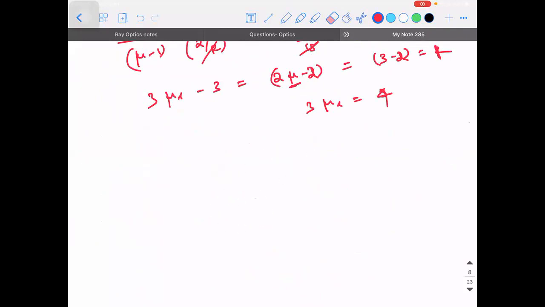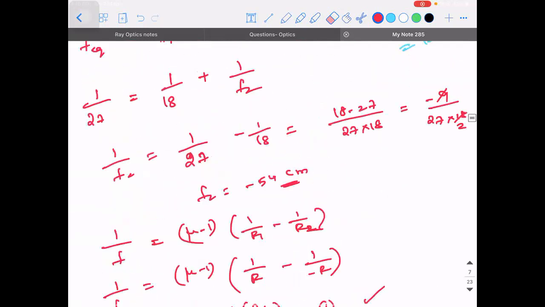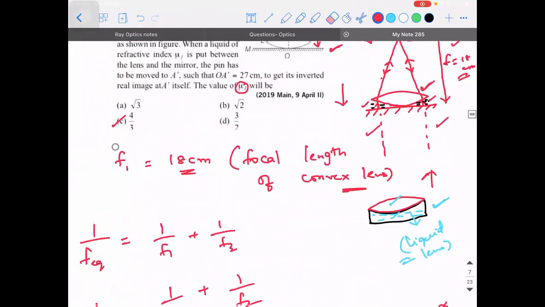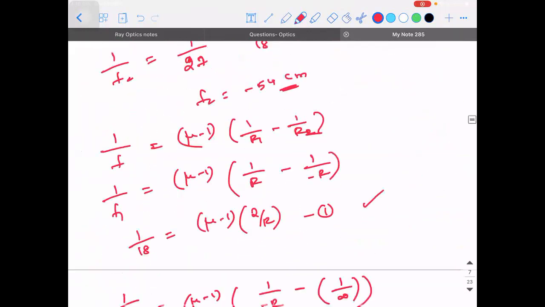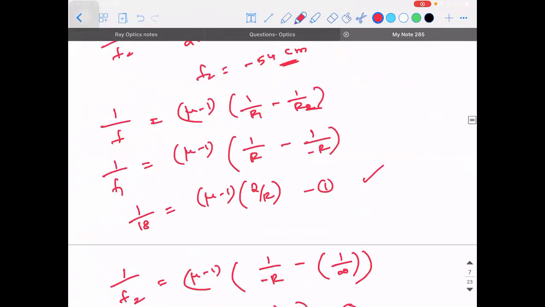See, so next time onwards, if this problem comes, you can directly take these steps. You can take F1 as the focal length of the convex lens. From there, you apply 1 by F equivalent. Find the focal length of the liquid lens. Then apply the lens maker formula twice, divide the equations, you will get the answer. Got it? Yes, sir.